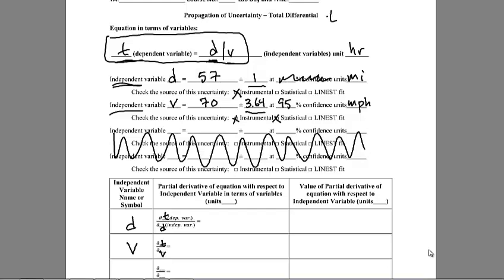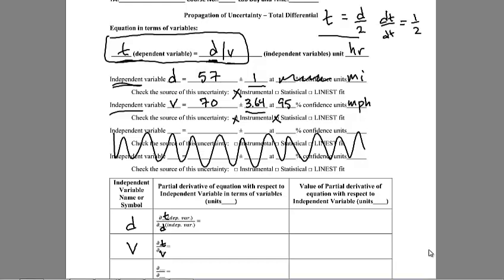So in this case, we could just imagine that this equation was time equals distance over 2. Now the velocity is obviously not 2, but for taking the partial derivative, that velocity is like a constant. The derivative of time with respect to distance for this equation is fairly trivial. It just turns into 1 over that constant.